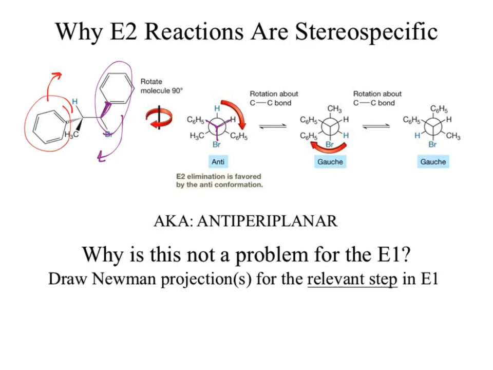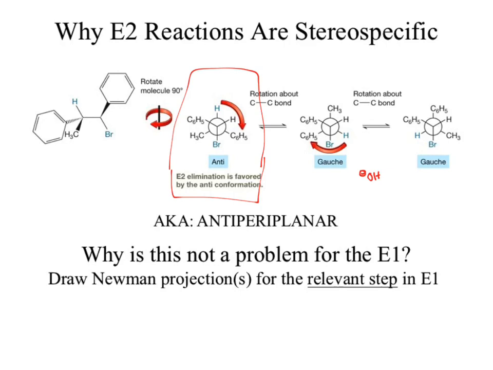So that staggering doesn't have anything to do with the attraction between the leaving group and the hydrogen. It's just you have to have that anti-staggering because of the repulsion between the base and the leaving group. So there are two explanations behind why we have to have the anti-configuration. So this is the one that allows for the elimination. Okay, that one is absolutely true. We have to have that.